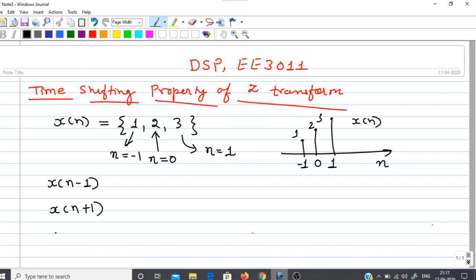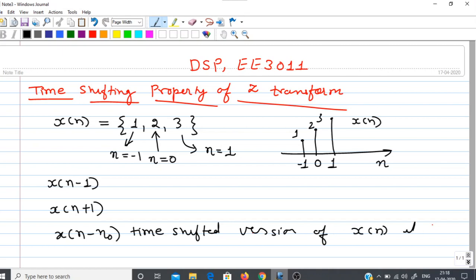So in general, if I write x of n minus n naught, this x of n minus n naught is the time shifted version of x of n.